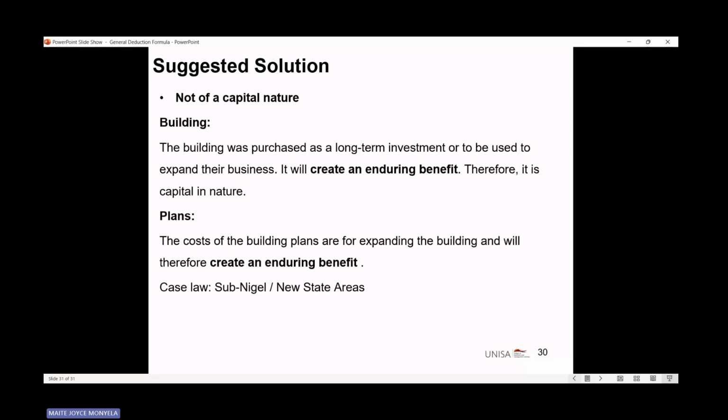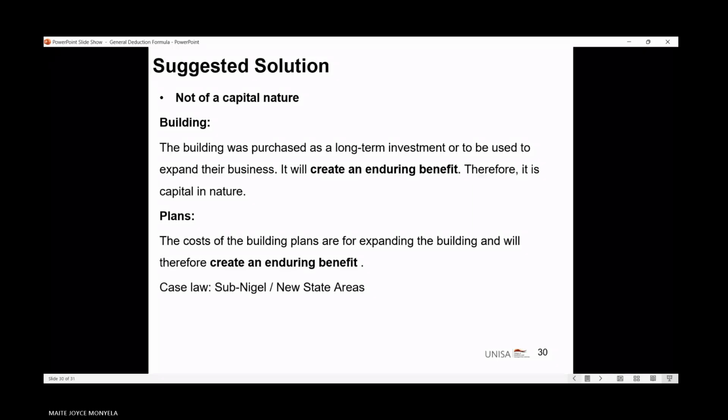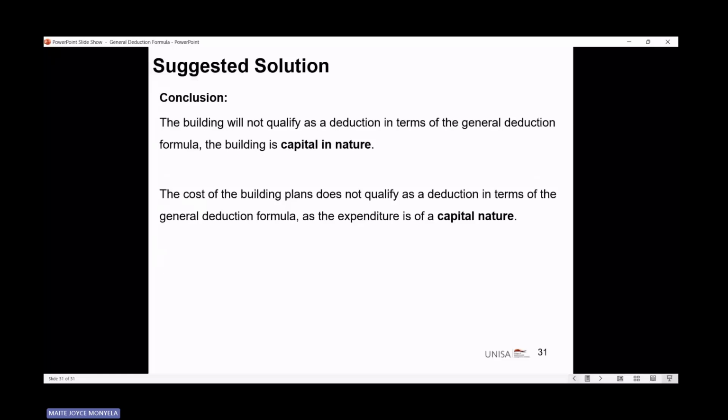Because the building did not meet one of the requirements, which is not of capital nature, the conclusion is that the 800,000 will not qualify as a deduction in terms of the general deduction formula, section 11 of the Income Tax Act.